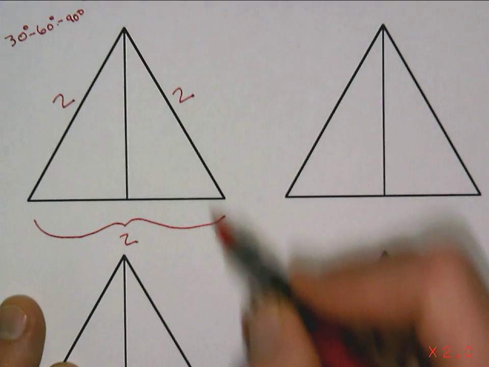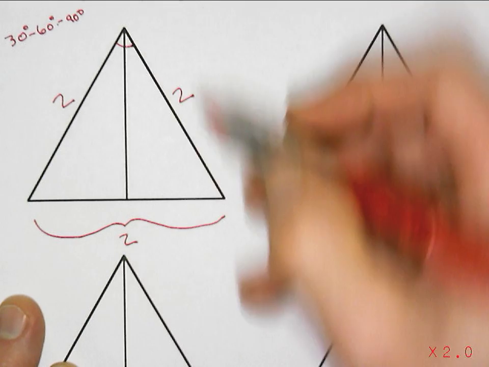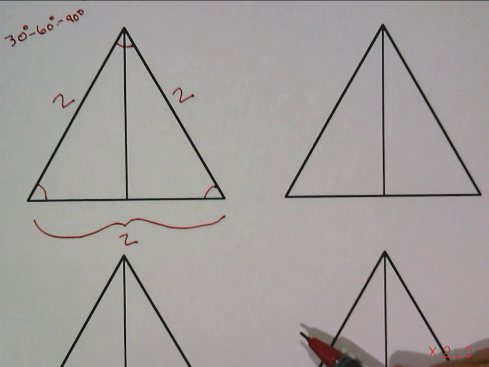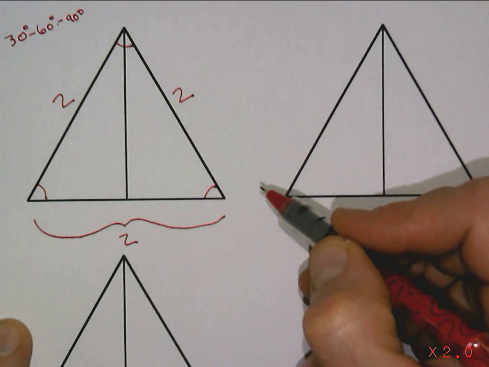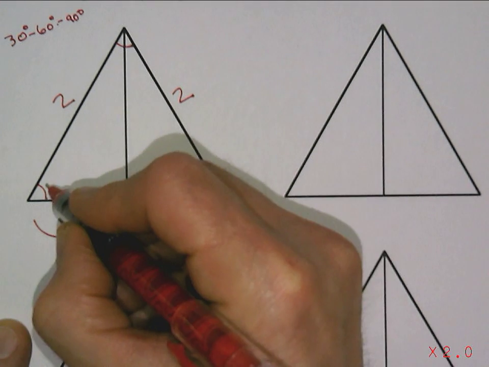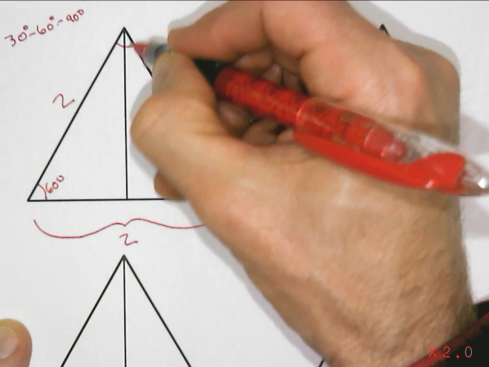So all three sides are the same length, which means all three of the major angles would have to be the same, and in a triangle they add up to 180 degrees. So each of these would have to be 60 degrees all the way across.